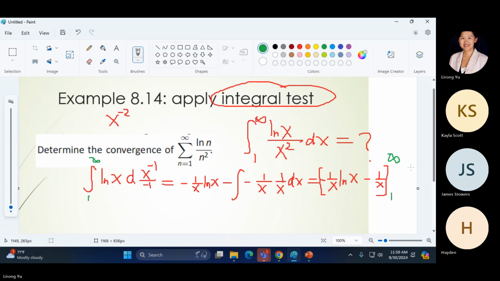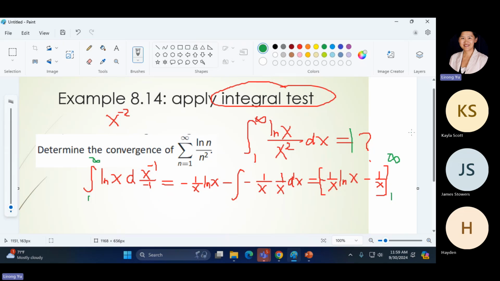At the upper limit, when x goes to infinity, ln x over infinity goes to 0, and 1 over infinity also equals 0, so the upper limit is 0. At the lower limit, when x equals 1, ln 1 equals 0, and this is 1 over 1. So this value equals 1.